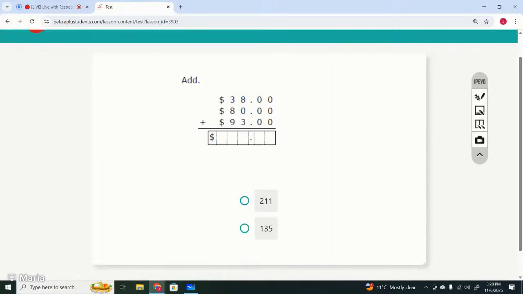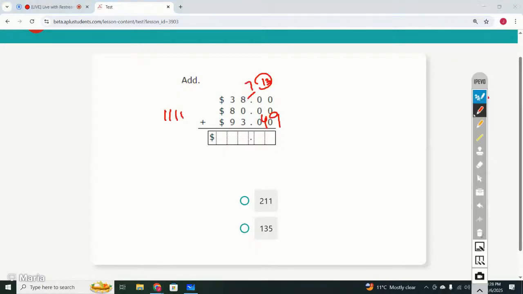Add 38.00 plus 80 plus $93. So let's just add. Start adding from here because the rest of the digits are 0. 8, 9, 10, 11, right? 1 and carry 1. 9 and 1, 10 and 8, 18. 19, 20, 21.